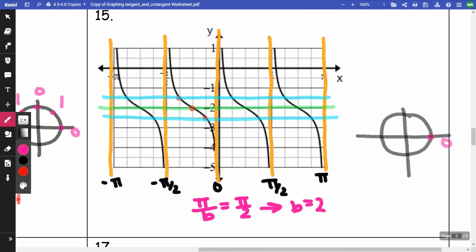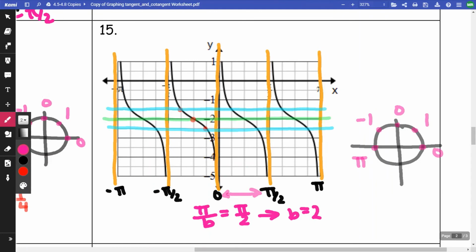So normally it should start here at 0 and end here at pi. And then here's my 1, my 0, my -1. Now, we are starting at our 0, but we are going to pi halves. So my phase shift is okay. The issue is my period, and that's going to be taken care of with this.